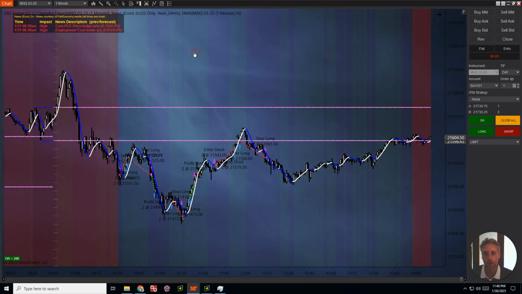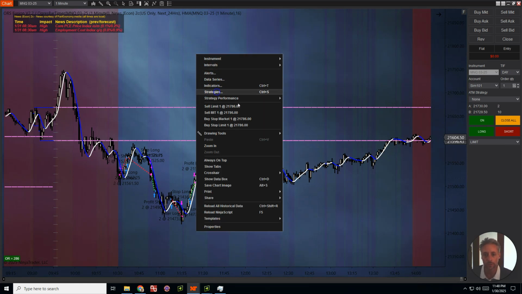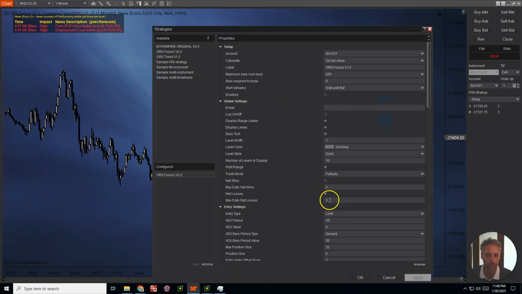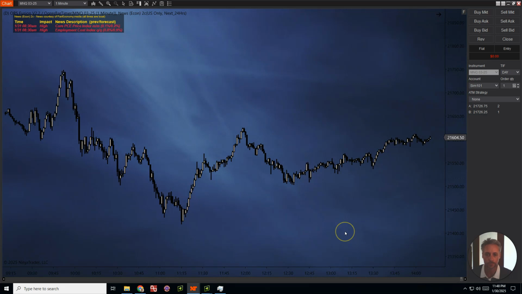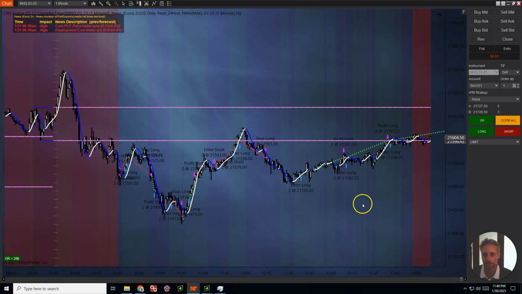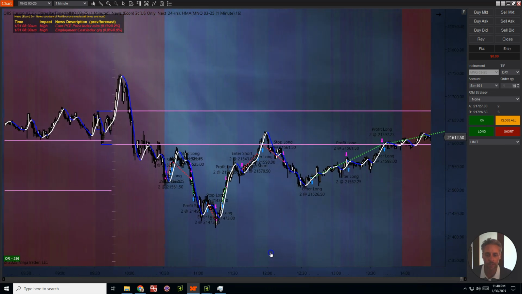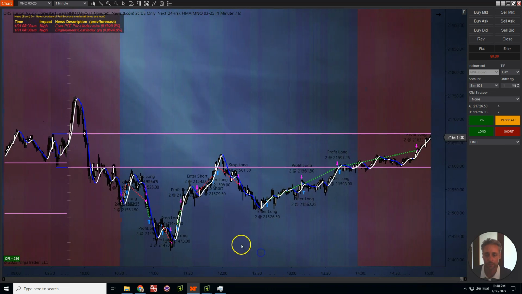Now, watch what happens when we simply increase our allowable loss limit to 4. And enable. Okay, so we can very quickly see that we did indeed come back to break even if we allowed ourselves a little bit more room.